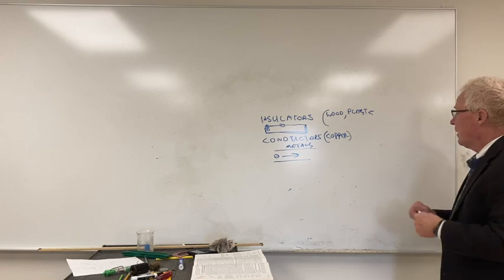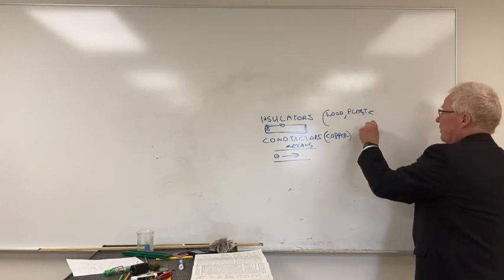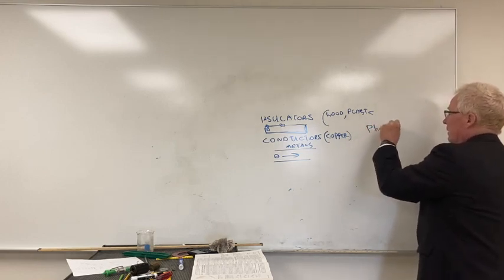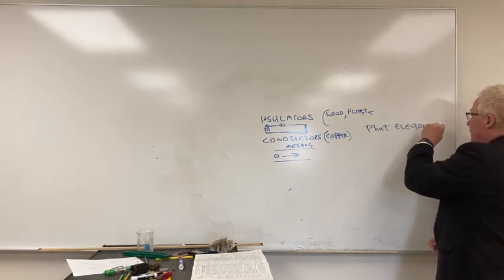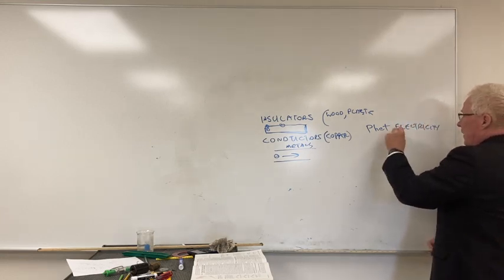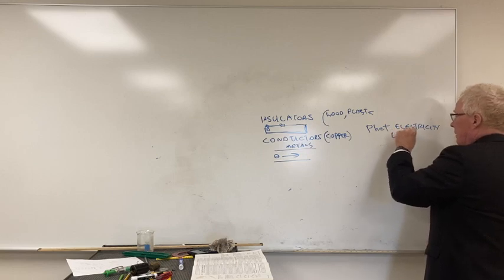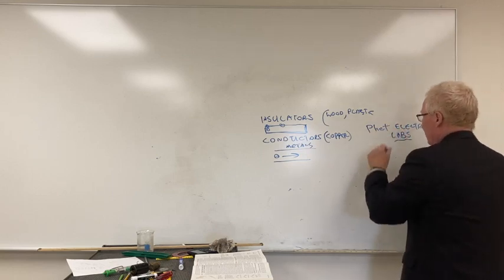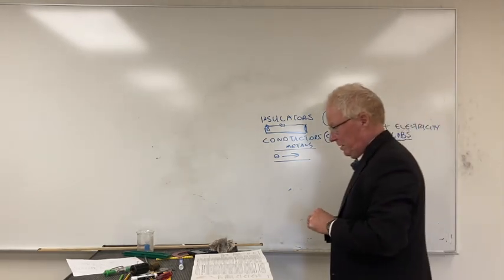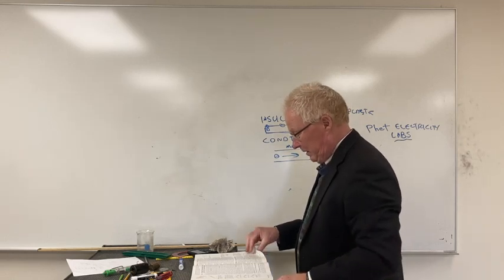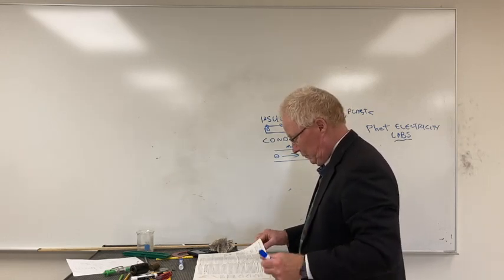We'll be using a couple of programs with the lab, the PhET electricity labs. You just follow the directions for those on the lab handouts as we go into those.